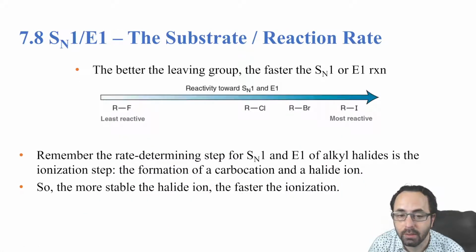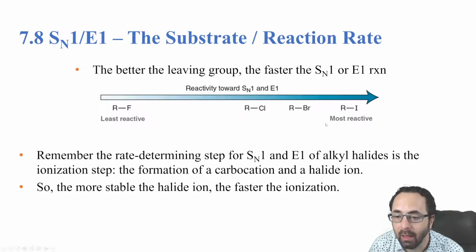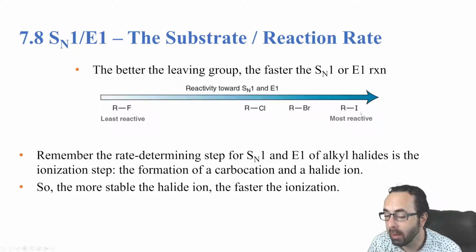That often occurs. In terms of the leaving group, the better the leaving group, that's going to have a big impact on SN1 and E1 reactions. Remember that the rate determining step in an SN1 and an E1 reaction is the loss of the leaving group from the substrate. And so if we're looking at the halogens here, the iodide stabilizes the negative charge the best.